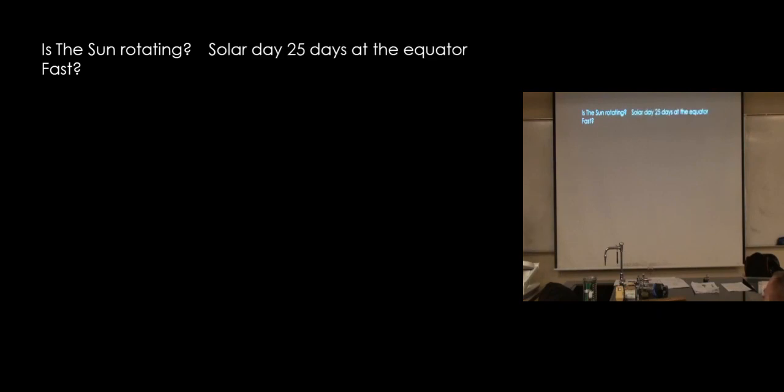Yeah. So remember that it's huge. You can put 100 Earths across the sun. So fast is a relative thing, and at the edge of this, it's actually spinning 25 days per rotation.